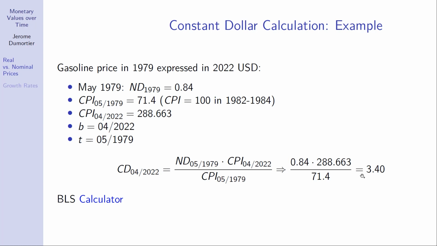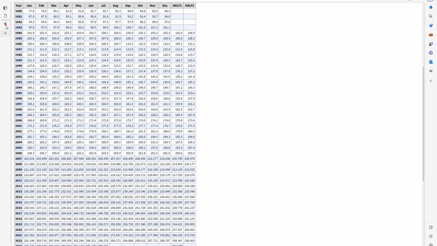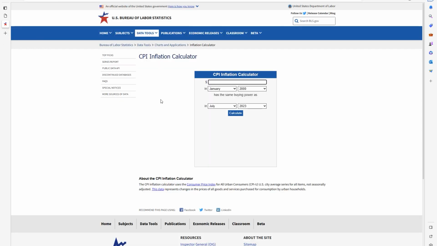Now, of course, you can always go through those calculations, but it turns out that the Bureau of Labor Statistics also has a calculator. So if we go back to the Bureau of Labor Statistics webpage, you have this CPI inflation calculator. And so, for example, you can think about the $12,000 Rolls-Royce in 1921. So this goes all the way back, actually. So let's do 1921.